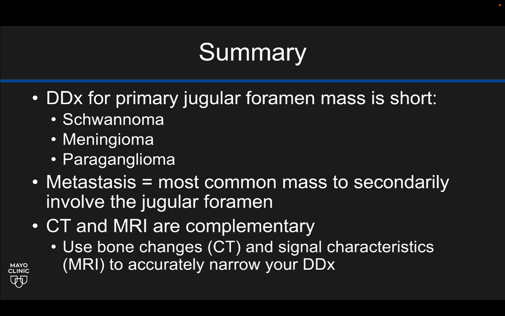And again, wanting to stress, CT and MRI are quite complementary. Use those bone changes on the CT and use the signal characteristics on MRI to very accurately narrow down your differential diagnosis. You're not just drumming up more business recommending that we get a CT or get an MRI if the other has been done. These things actually work very hand in hand to help come up with the right answer.